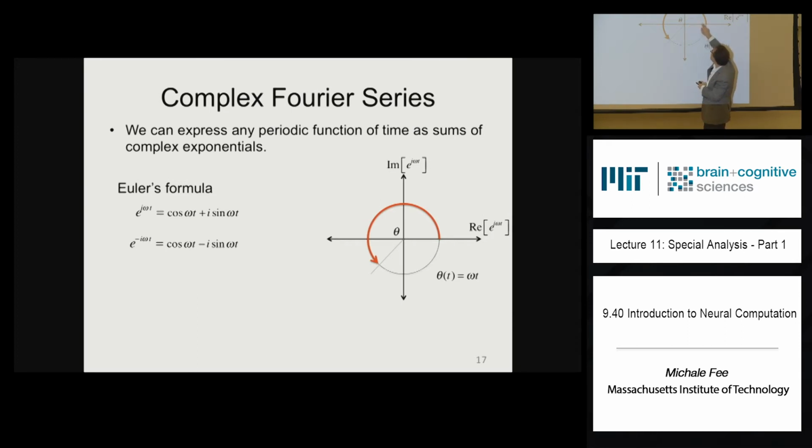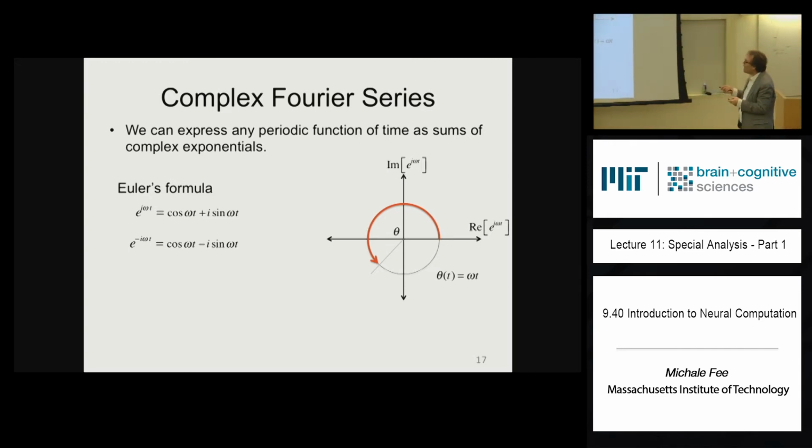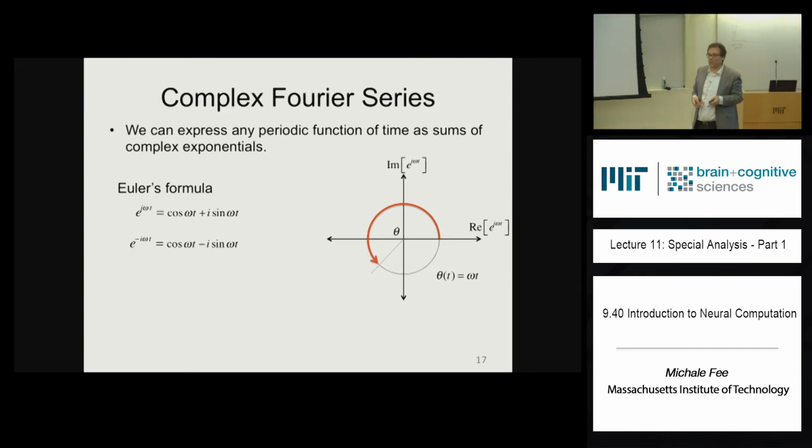So e to the I omega t traces out a circle in this direction, and as time increases, it just goes around and around like this. E to the minus I omega t just goes the other way. Okay? Does that make sense? Got the real part that's going like this, the imaginary part that's going like this. And you put those together, and they just go around in a circle. So you can see it's a way of combining cosine and sine together in one function.